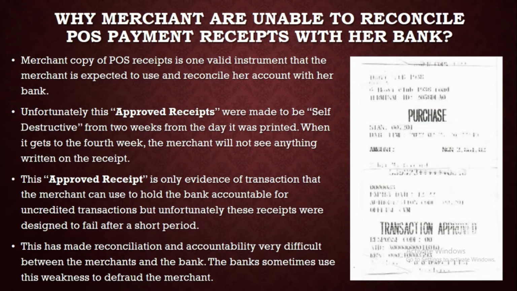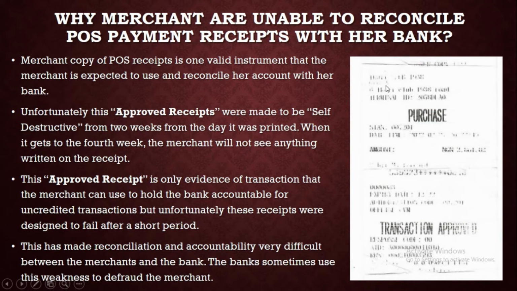This approved receipt is only evidence of transaction that the merchant can use to hold the bank accountable for uncredited transactions. But unfortunately, these receipts were designed to fail after a short period. This has made reconciliation and accountability very difficult between the merchant and the bank. The bank sometimes use this weakness to defraud the merchant, and I'm going to show you how.